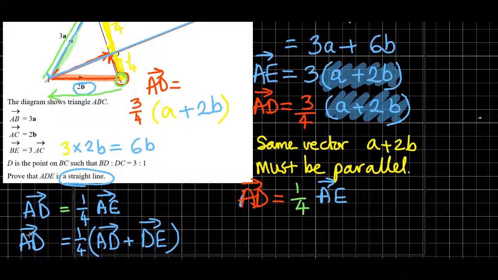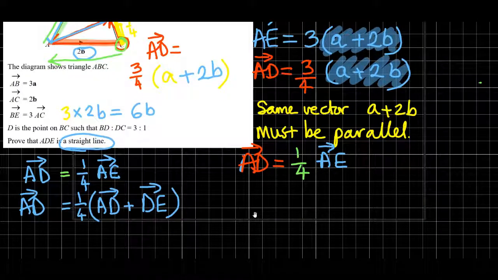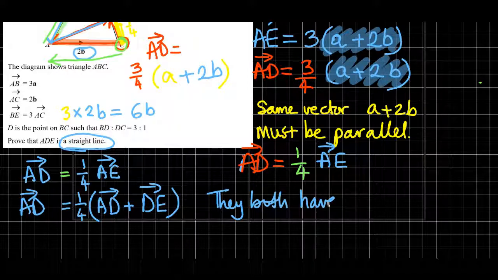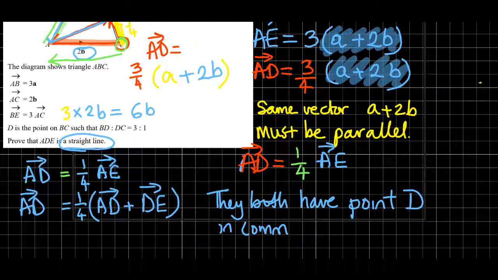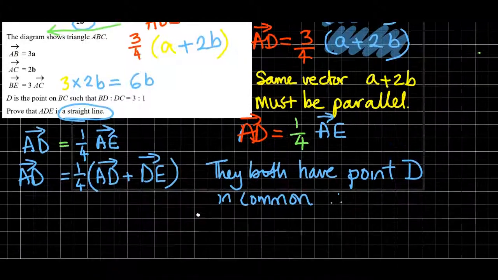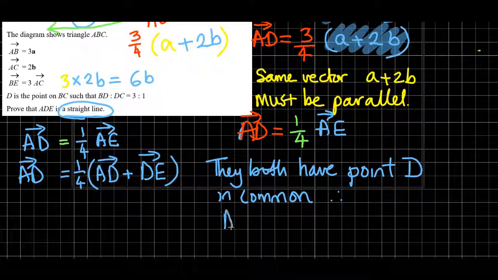As a result, because they both have point D in common, therefore the line ADE is a straight line.